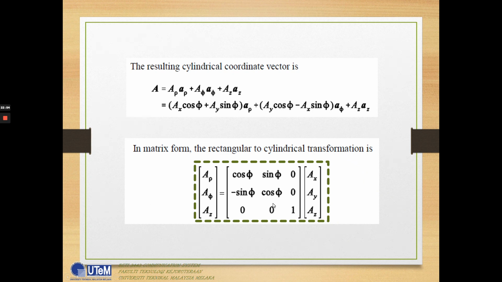However, using this equation, you can directly convert the rectangular coordinate system, or Cartesian coordinate system, to the cylindrical coordinate system. How? If you want to find this one, you have to multiply this whole thing with this. So this multiplies with this, this with this, and this with this, is equal to this one.